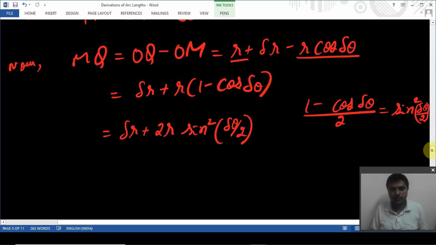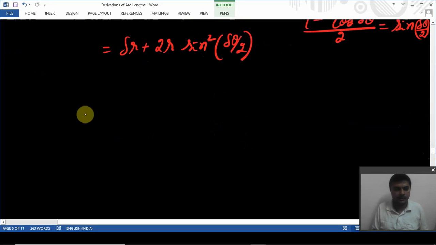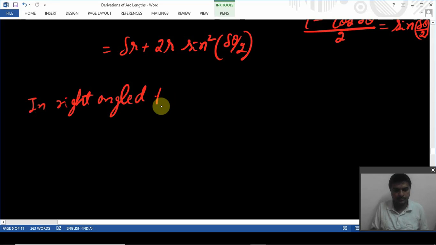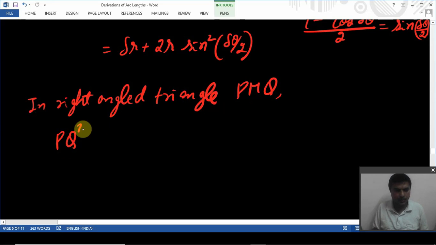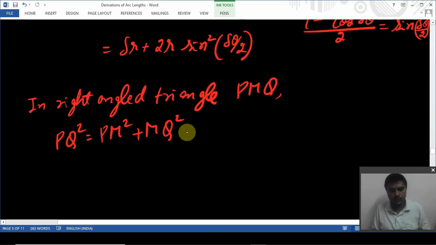Okay, so again if you go to the diagram, you can see in right angle triangle PMQ, we have PQ square is equal to PM square plus MQ square.